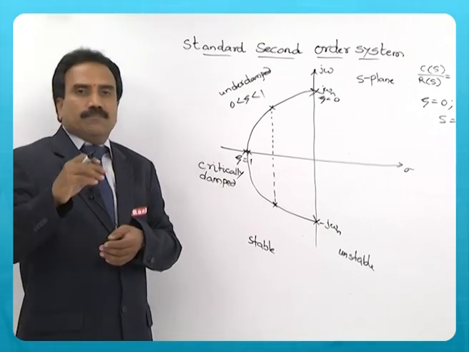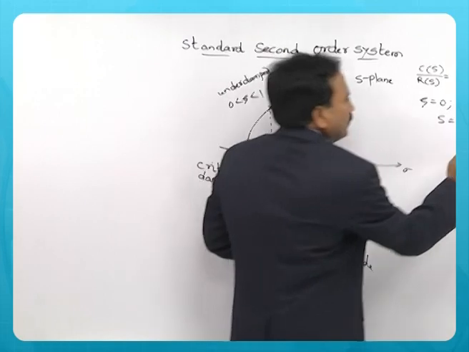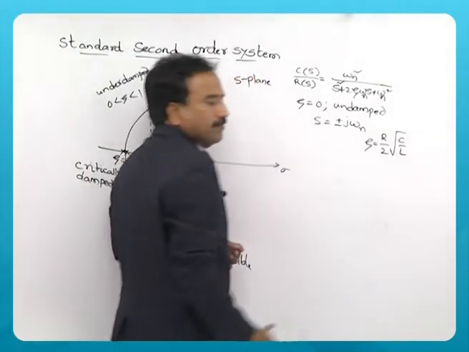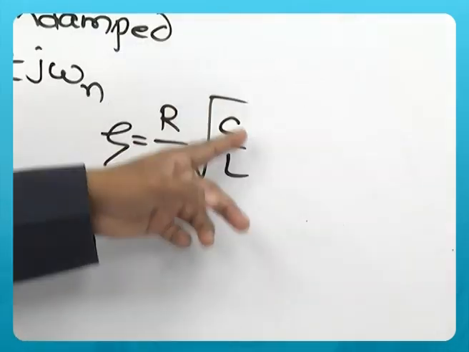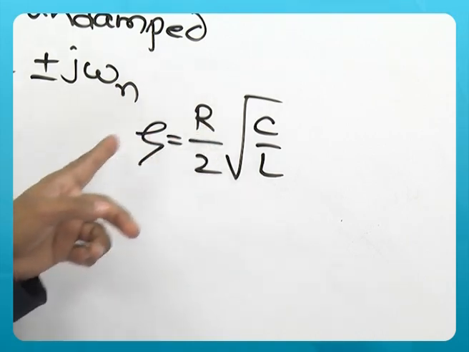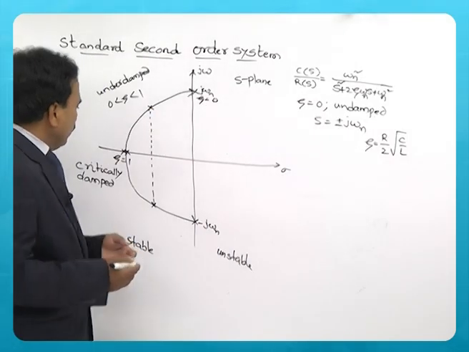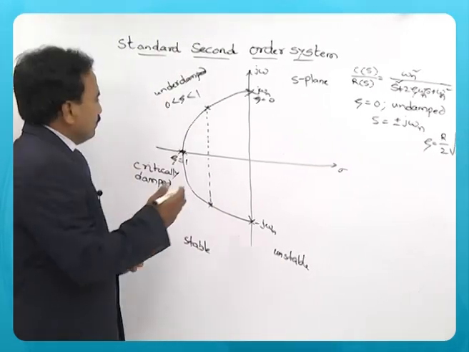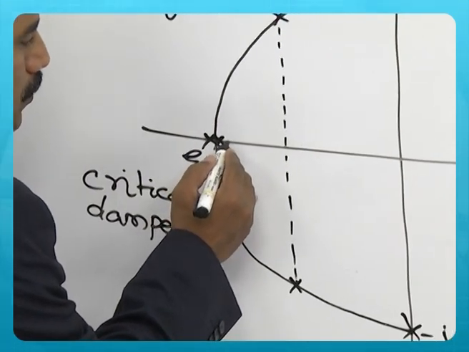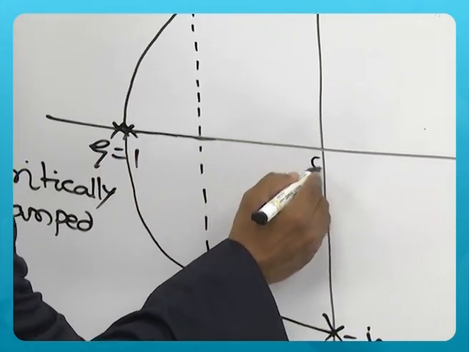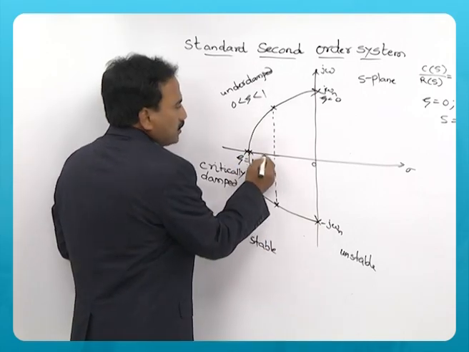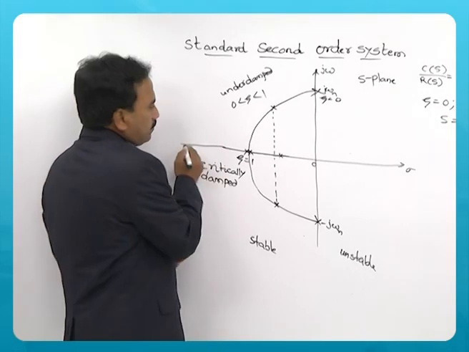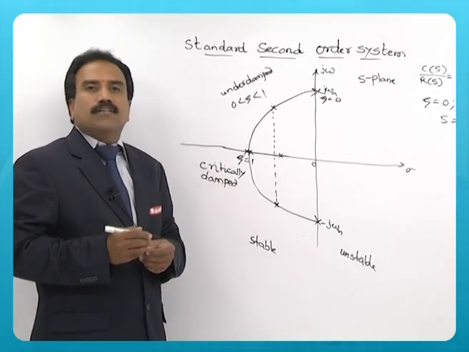Further increase of zeta. Remember that zeta, which I have given you for an electrical system, is given by R by 2 under root of C by L. So keeping C and L fixed, I am varying R so that zeta is varying. When you increase zeta beyond 1, one pole will move towards the origin, and one pole moves towards the left of the negative real axis.